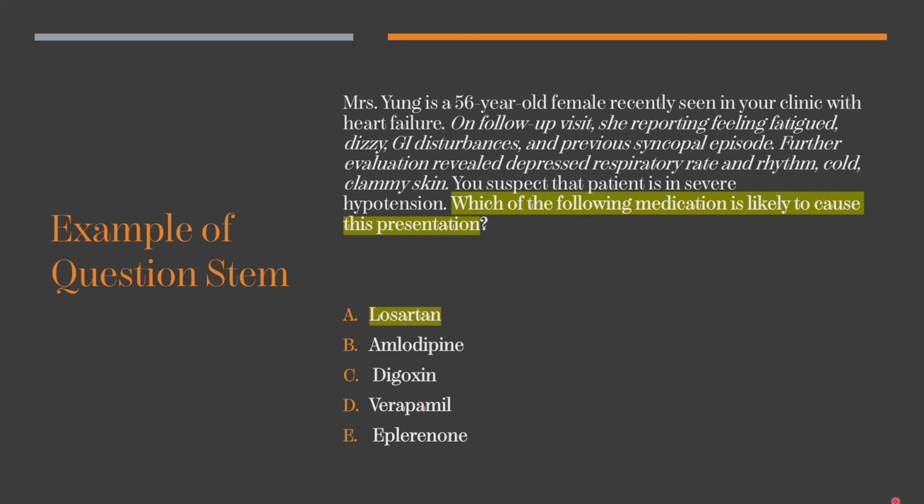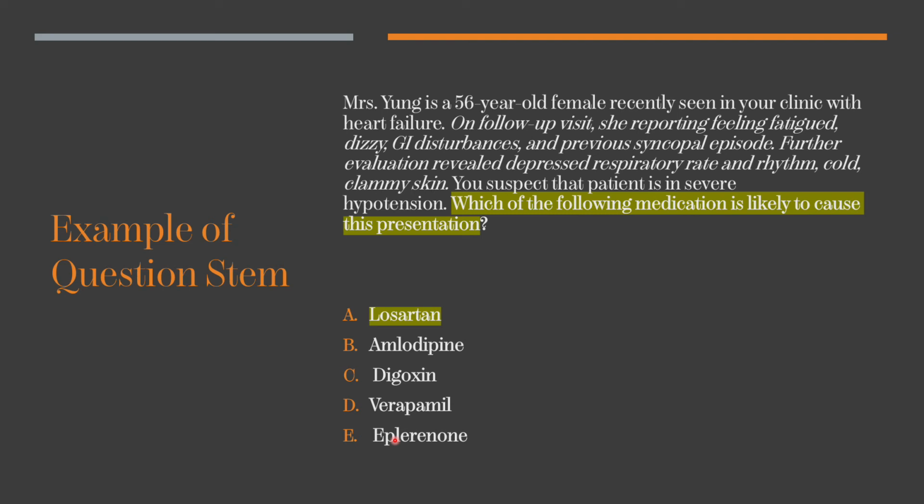Verapamil can cause severe hypotension in combination therapy. They are classified as non-dihydropyridine calcium channel blockers. They block the AV node, decrease heart rate, and decrease cardiac contraction, but still have some vasodilation effect. Eplerenone is considered a potassium-sparing diuretic similar to spironolactone.